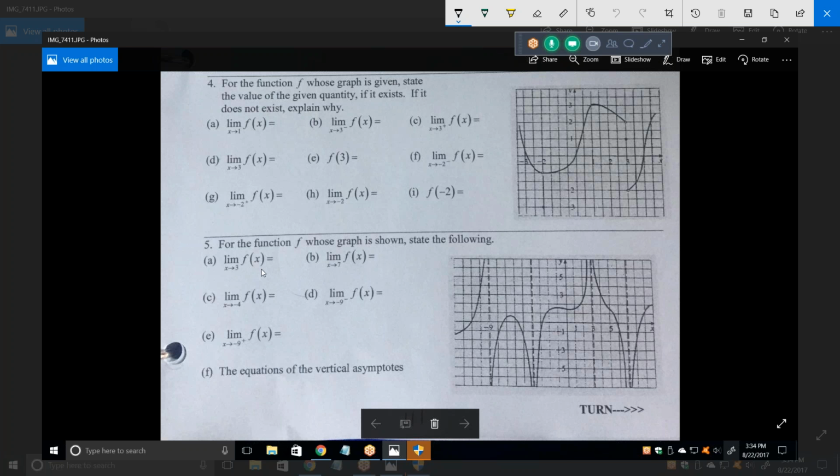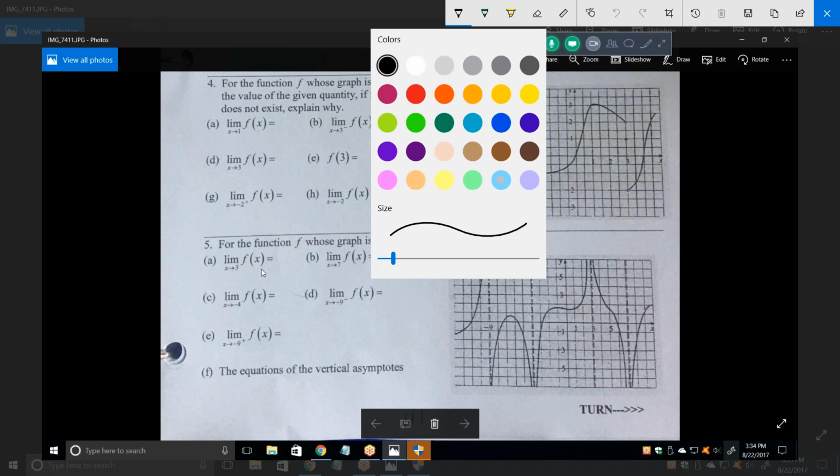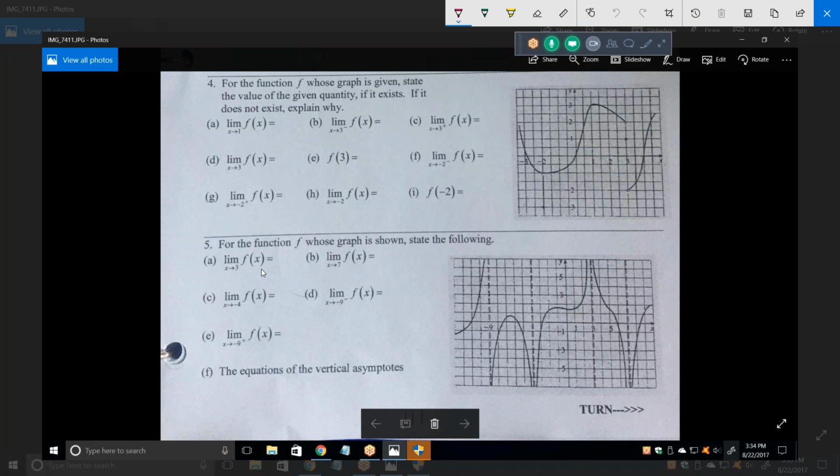They're asking about approaching 3. So I got to approach it from the left and the right to figure out what it is.